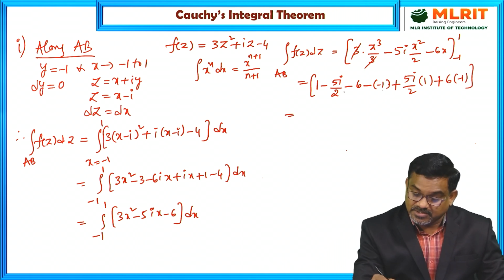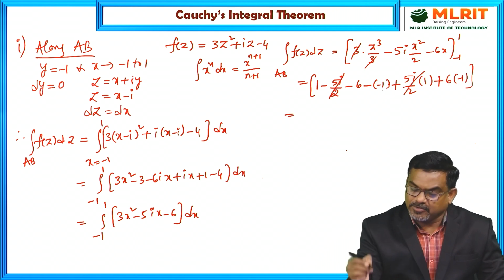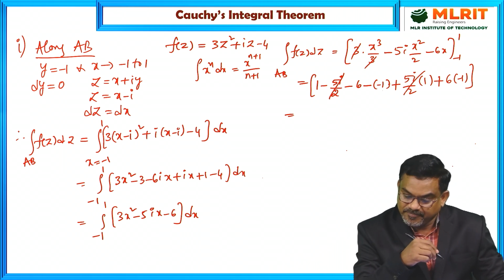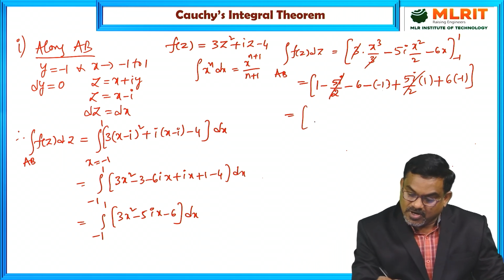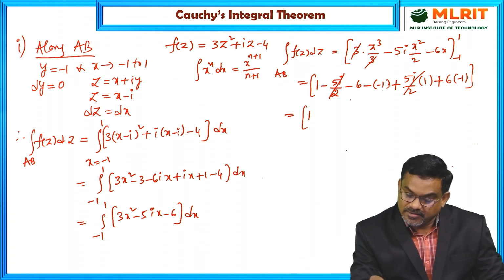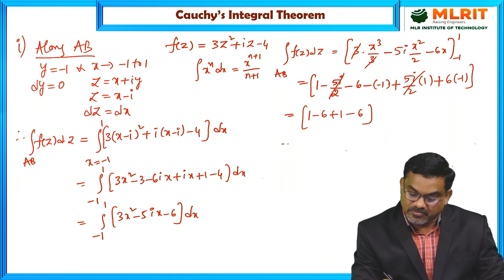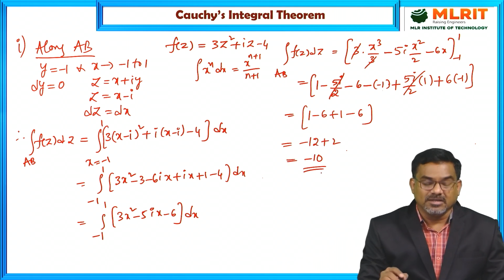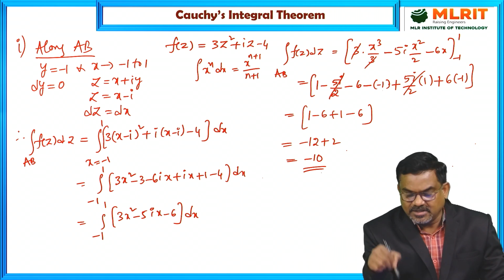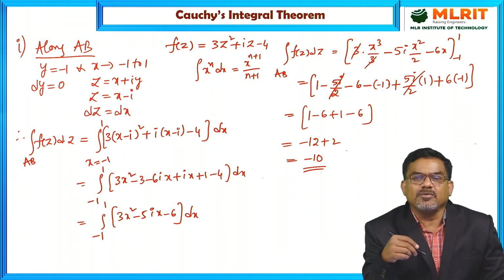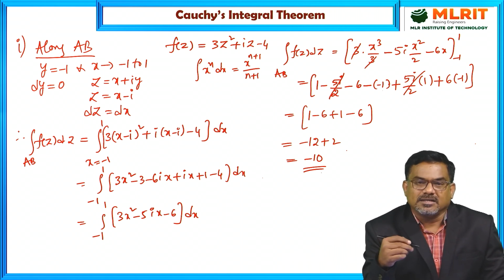So minus 5i by 2 plus 5i by 2 gets cancelled, and what remains here? 1 minus 6 plus 1 minus 6, which is minus 12 plus 2, minus 10. So the line integral along the side AB is minus 10. Similarly, we need to calculate the line integral along the remaining 3 sides also.